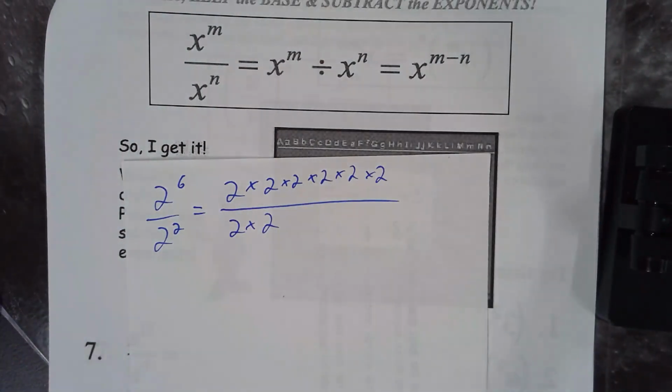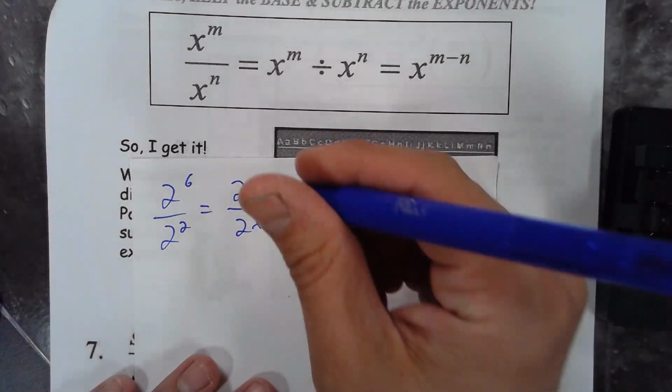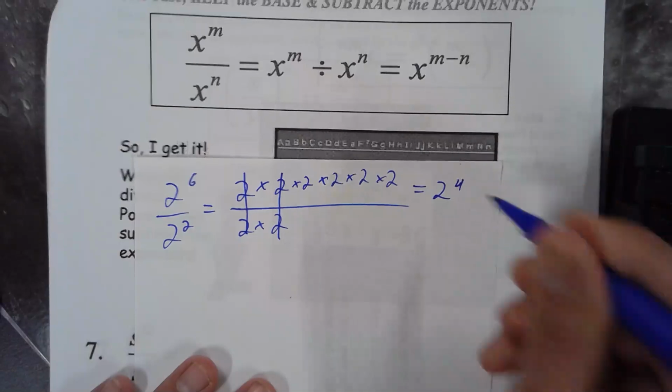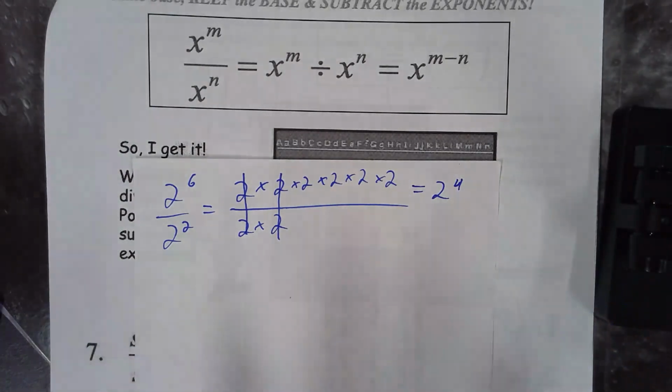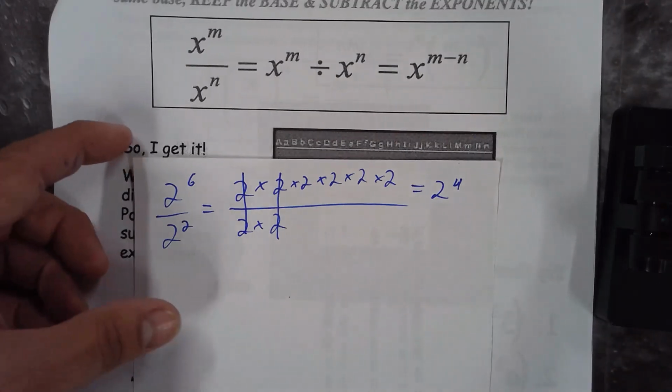If you remember anything about fractions, you know that this can cancel. So all I'm left with is 2 times 2 times 2 times 2, which is the same as 2 to the 4th. If that's too hard to remember, don't worry, but that's why this division stuff works.